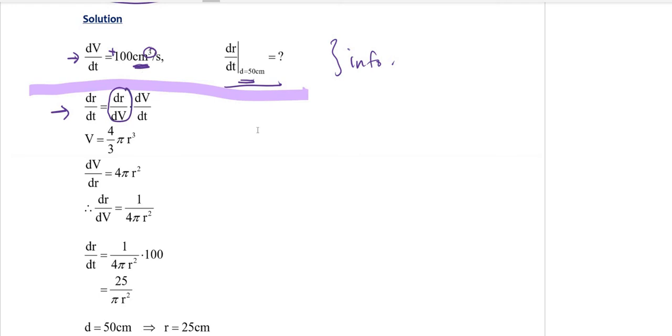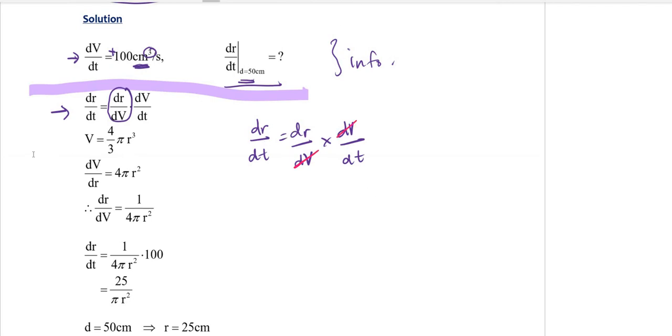The simplest way to determine that chain rule is: dr over dt means dr over something times something over dt. We have the value for dV/dt, so here it would be dV/dt. Therefore, we need to find dr over dV. Why? Because after we cancel out dV here, we will have dr over dt back.